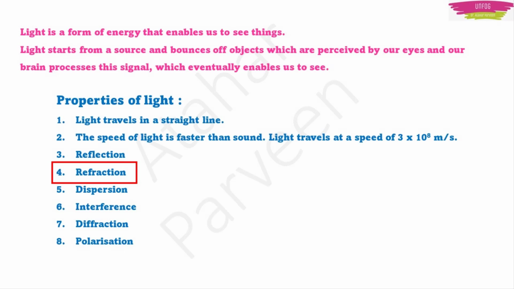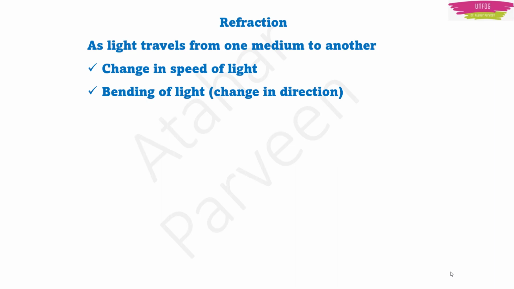Now let us proceed with refraction. What is refraction? When light travels from one medium to another medium, for example, light is traveling through air and then falls on the surface of glass, the speed of the light changes, because here there are two mediums with different densities.